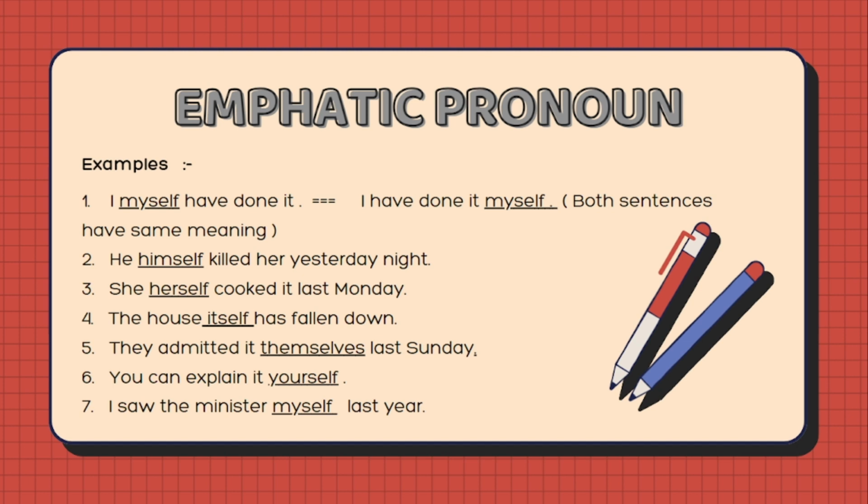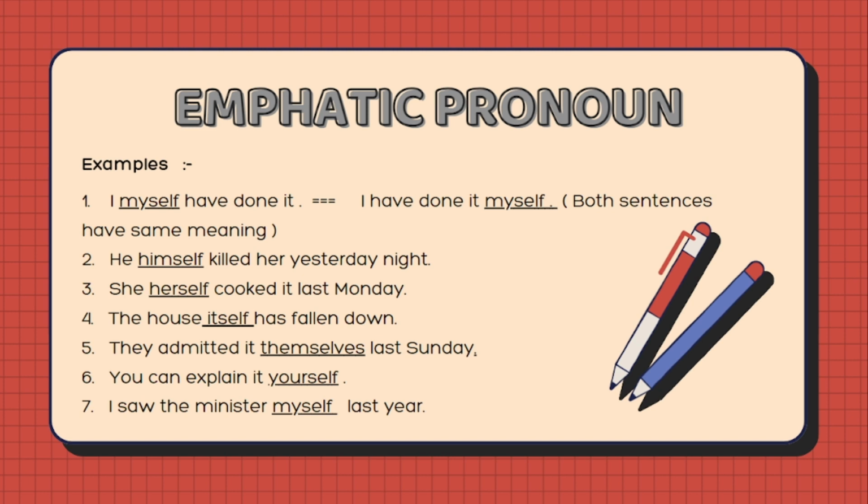Next, the fifth one: They admitted it themselves last Sunday. Without changing the meaning of this sentence, we can express it in another way also. That is, they themselves admitted it last Sunday. Here, the word themselves is written after the subject they. Both sentences have the same meaning. Sixth one: You can explain it yourself.